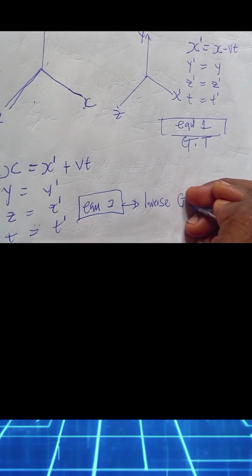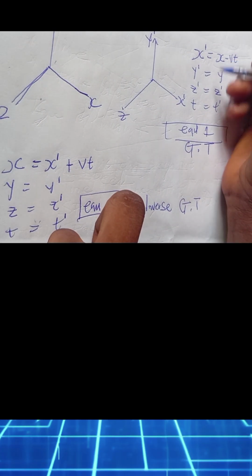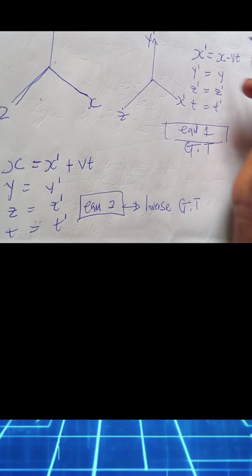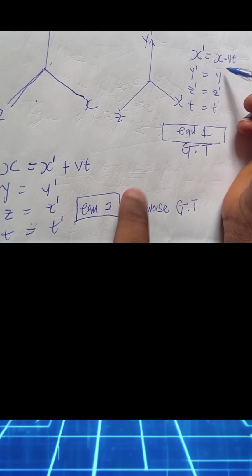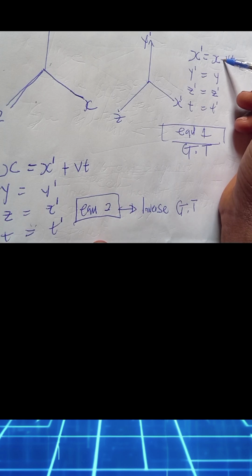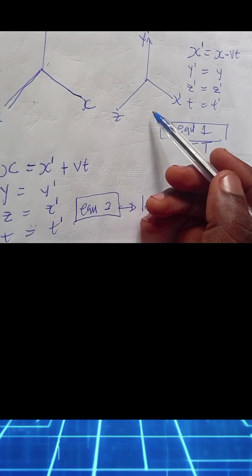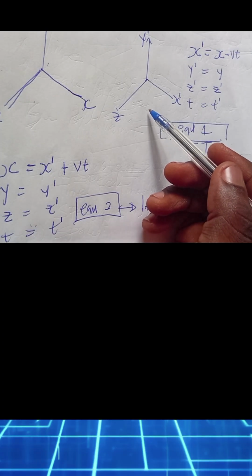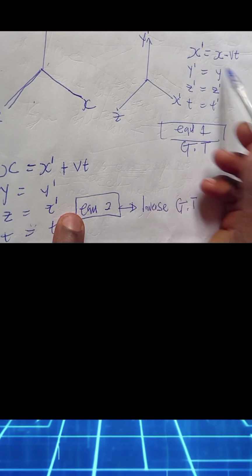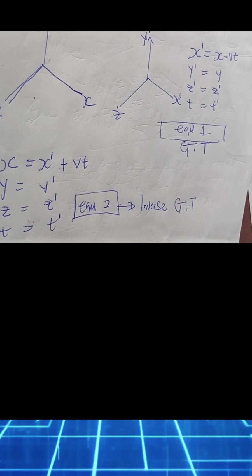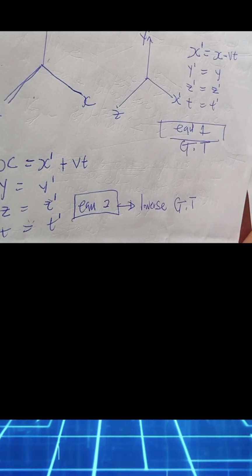The Galilean transformation has a minus here, while the inverse Galilean transformation has a plus. So the thing that differentiates the inverse Galilean transformation from the main Galilean transformation is the sign. That's the main thing. Remember, you'll be asked to state the difference between the Galilean transformation and the inverse Galilean transformation. Let us now solve some problems.